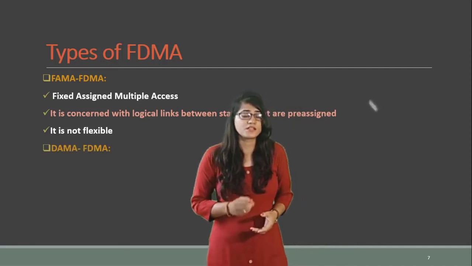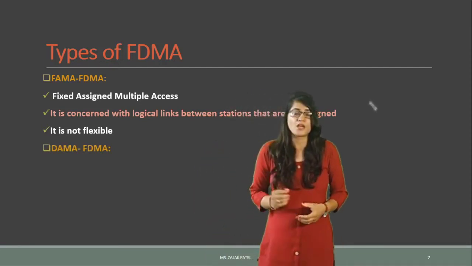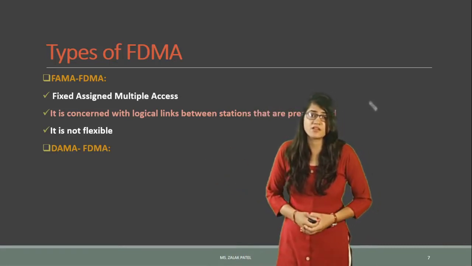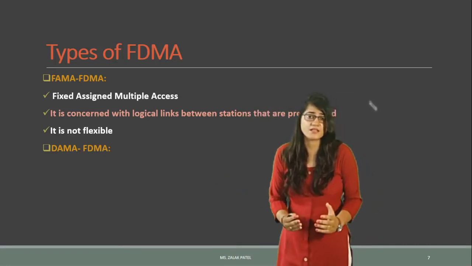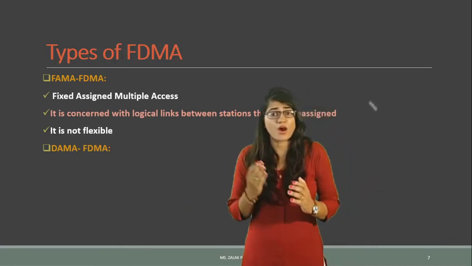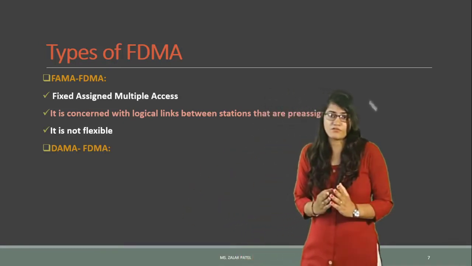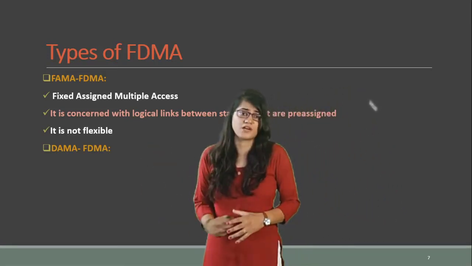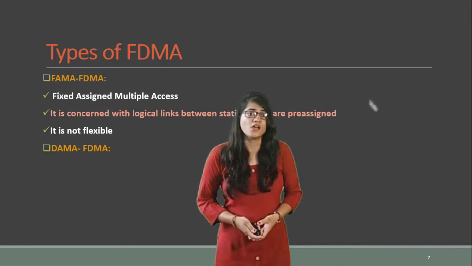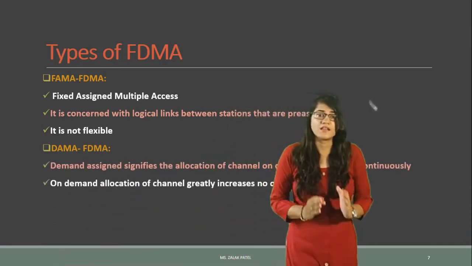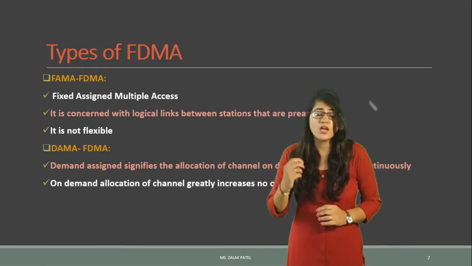The next one is DAMA, FDMA. DAMA is demand assigned multiple access, frequency division multiple access. Demand assigned means according to the use or requirement of the user, this demand assigned multiple access technique is used. So we can say that here, on demand, the channel is made available to the user.